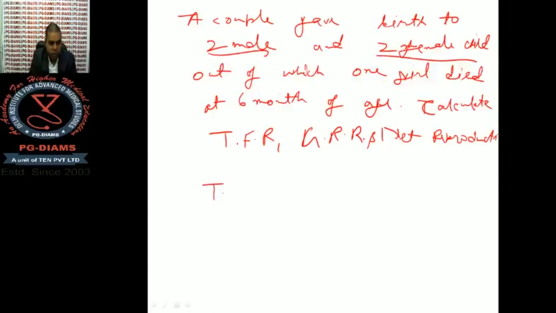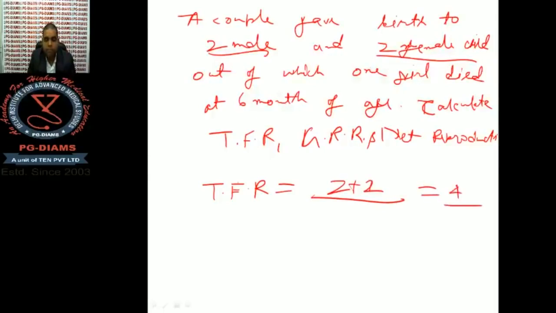The question has 2 male and 2 female child. So total fertility rate is equal to total number of child born to a couple. It will be 2 plus 2, hence equal to 4. Gross reproduction rate is equal to total female child born to a couple, which is only 2 because there are only 2 girl child.